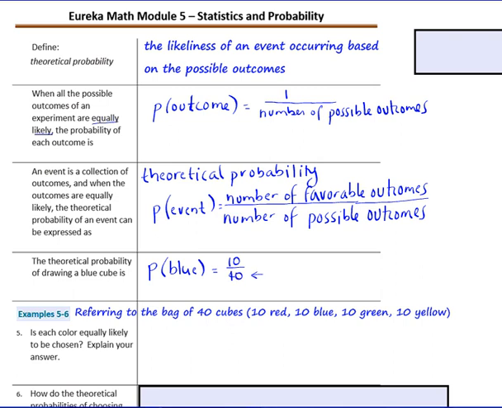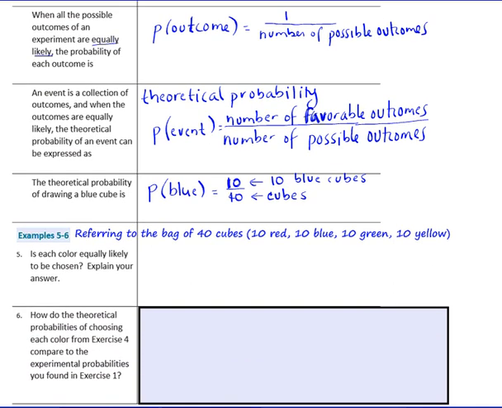The 40 represents the number of outcomes, or the number of cubes in the bag. And the numerator 10 represents 10 blue cubes. Again, the numerator is the number of favorable outcomes, and in this case, blue is our favorable outcome. It's what we want to happen. And we could simplify that to 1/4 if we would like to.